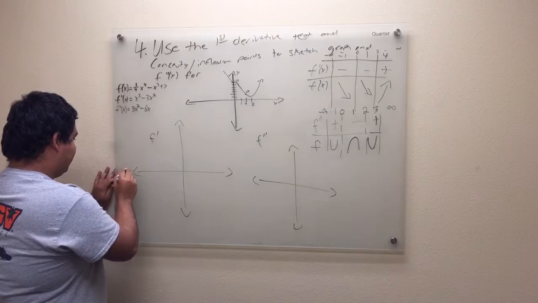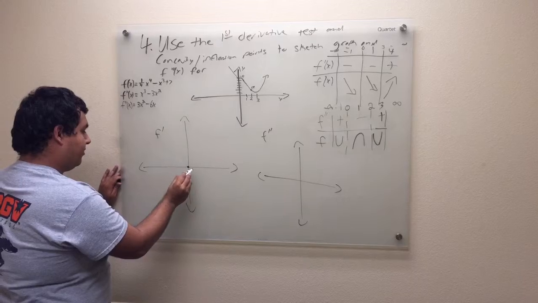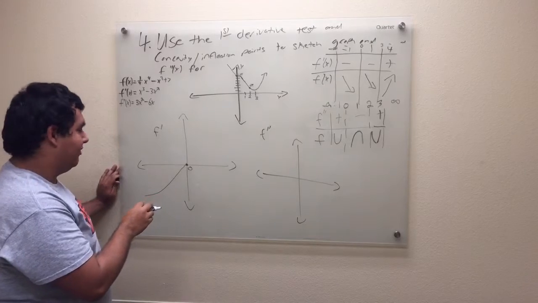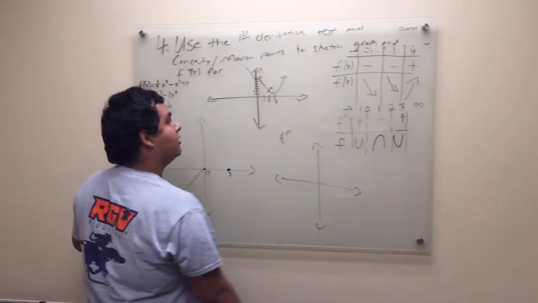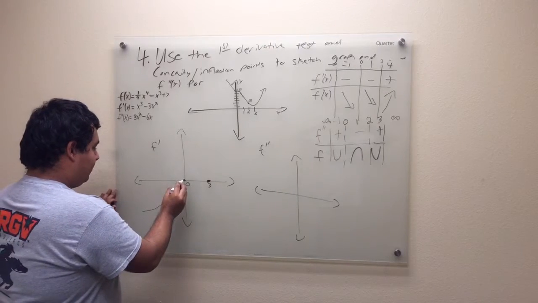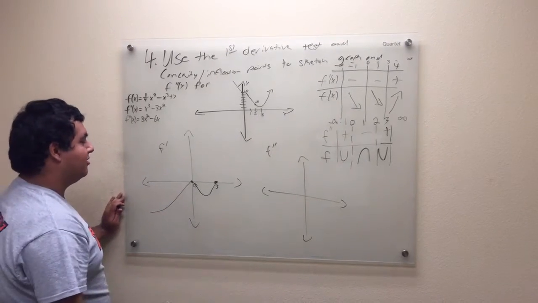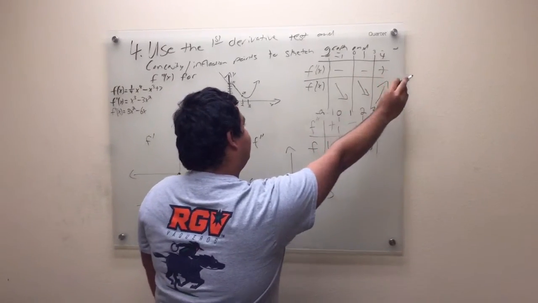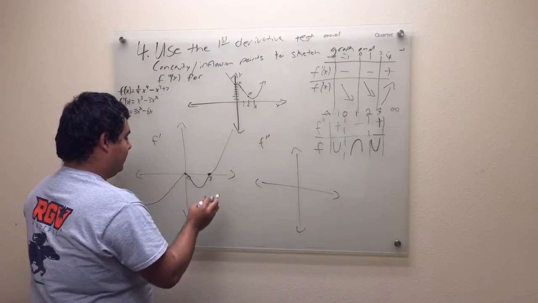So, of course, negative infinity is this way. So up to 0, it'll be in the negative range, which is below the x-axis. Alright, so here's another point, 3. Between 0 and 3, it's also negative. So the graph will stay negative, but kind of curve down a bit. After 3 to infinity, it changes to positive. So the graph will cross the x-axis and be in this positive range.